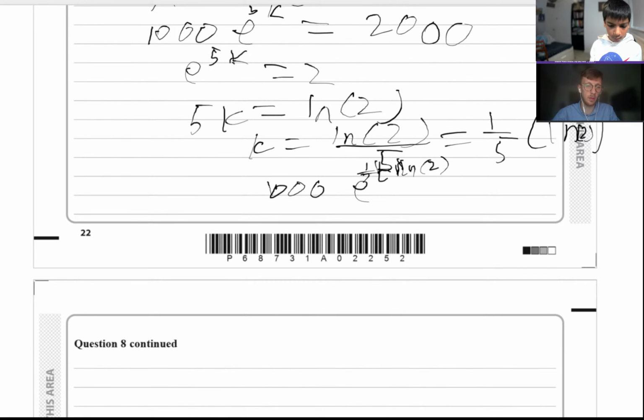Good. That's what N equals. Make sure it's asking for the complete equation, so N equals 1,000 e to the power of a fifth ln 2 t, or a fifth t ln 2, as of course it is written there.